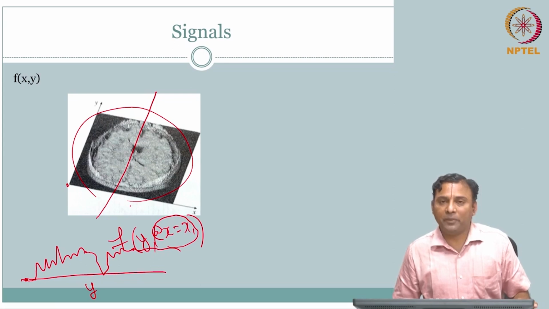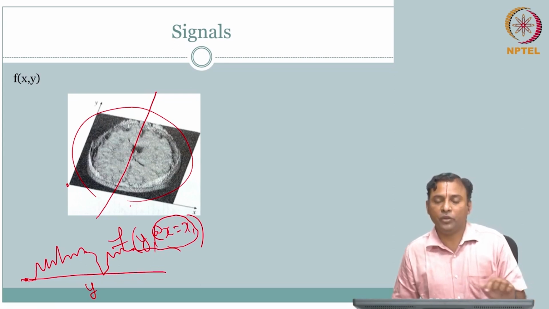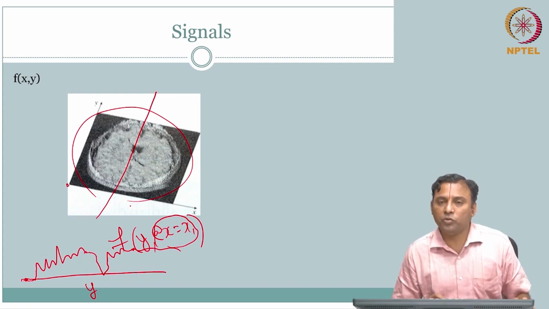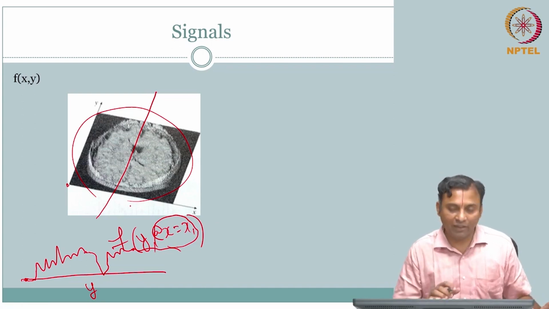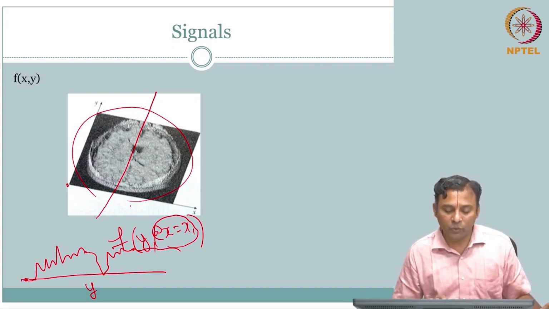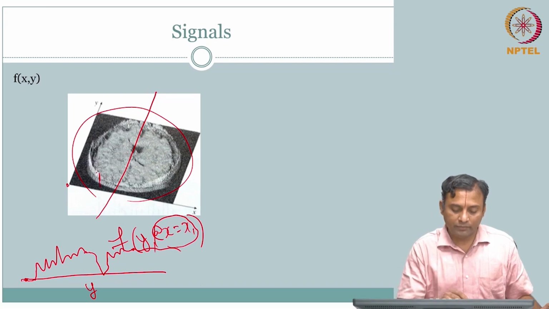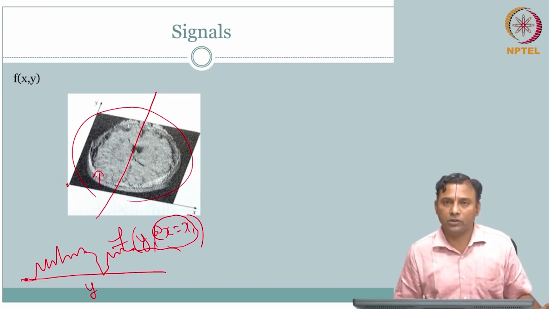So then how do you represent? How do you visualize? We don't worry about plotting. We use what is called a pixel element. Sorry, picture element. That is your pixel, right? So we convert this into an image. What we do is, the third dimension, we color code. Let the maximum value be white, minimum value be black, right?